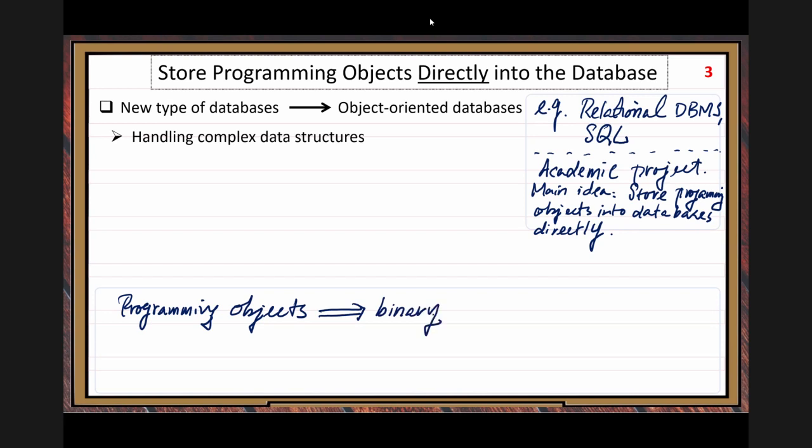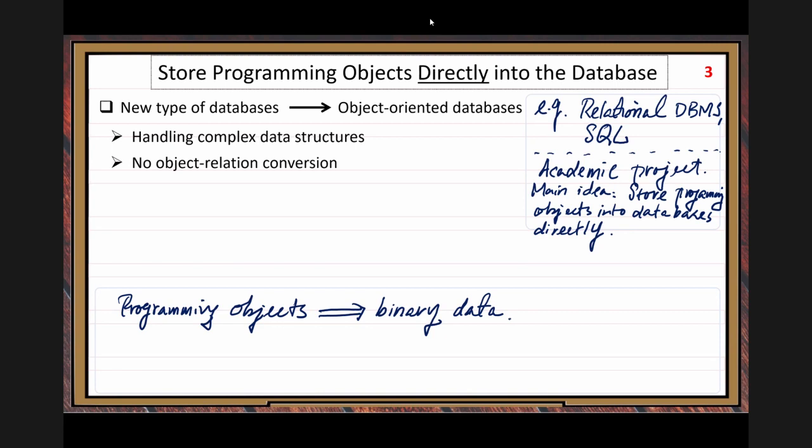Binary data. So when you store binary data into databases, it's not readable. You cannot use some software tool to open it up and view your data, because it's a binary format. How do you view your binary format, right?